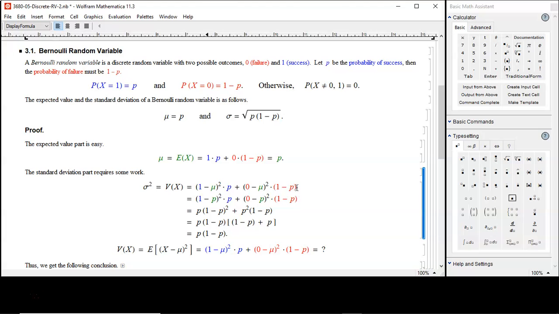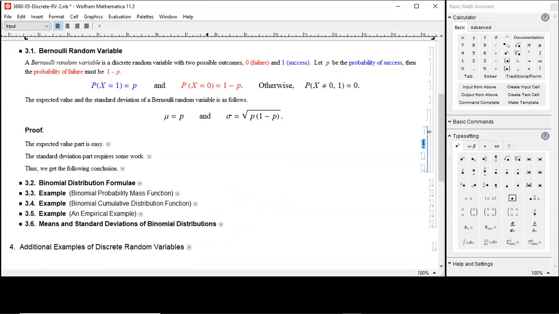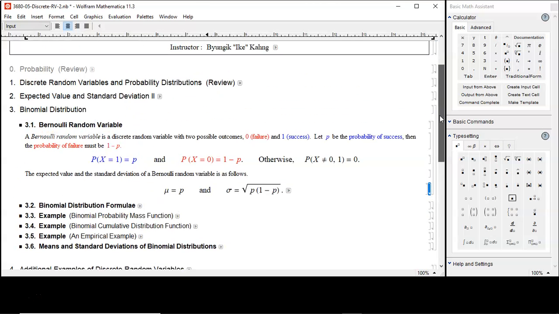So if you plug in mu is p, then you get the second line. And from there, you can do further simplification and take the GCF out. And this part becomes just 1, so that's what we get in the end. That's the variance. Taking the square root, you're going to get the standard deviation. That completes the proof.